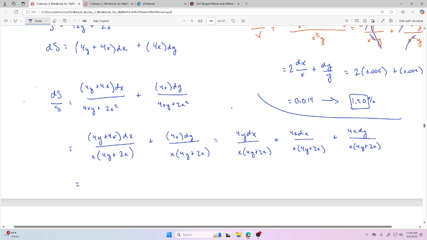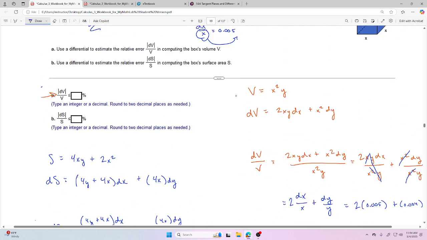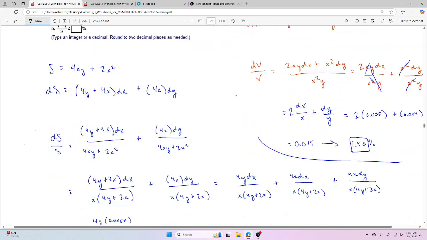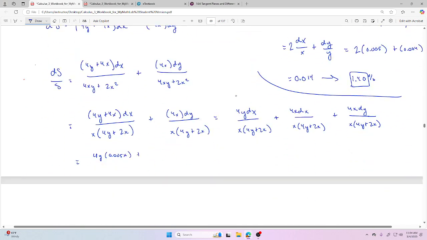Let's try it. So then I've got 4y, and I've got 0.005x. Yeah, the 4 is for the y. And because they all have a common denominator, I'm just going to do that for a few seconds.